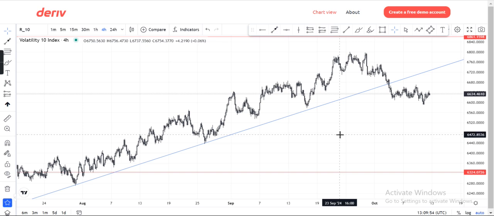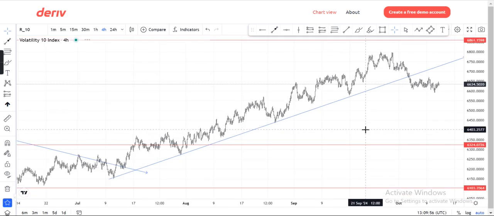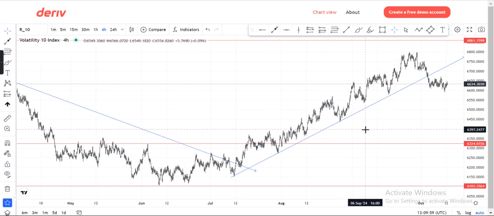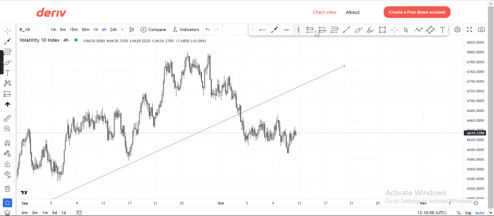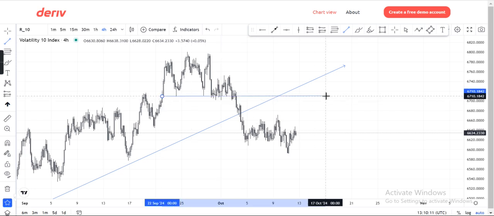Now, on the smaller time frame, what do we have? We can clearly see the market has broken this area here, and we can also clearly see that on the smaller time frame, the market has broken what we'll call structure at this area.